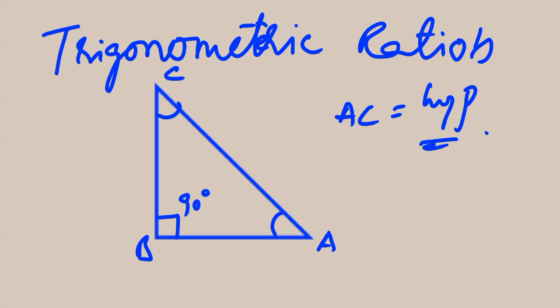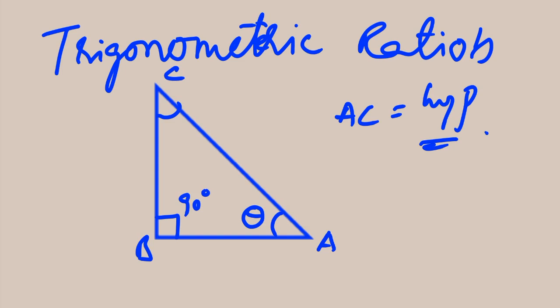To define the trigonometric ratios, first we take any one angle as some theta or x, whatever it may be, or otherwise we can say angle A. So we define the trigonometric ratios by taking either acute angle, A or C.